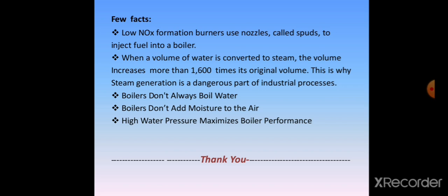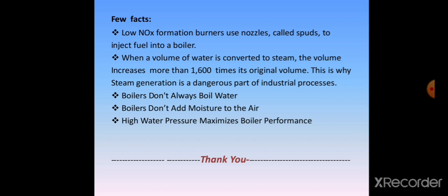Now, at last, I would like to explain a few facts about the boiler. As you all know, whenever fuel is burned inside the boilers, it forms oxides of nitrogen and sulfur and other harmful gases.